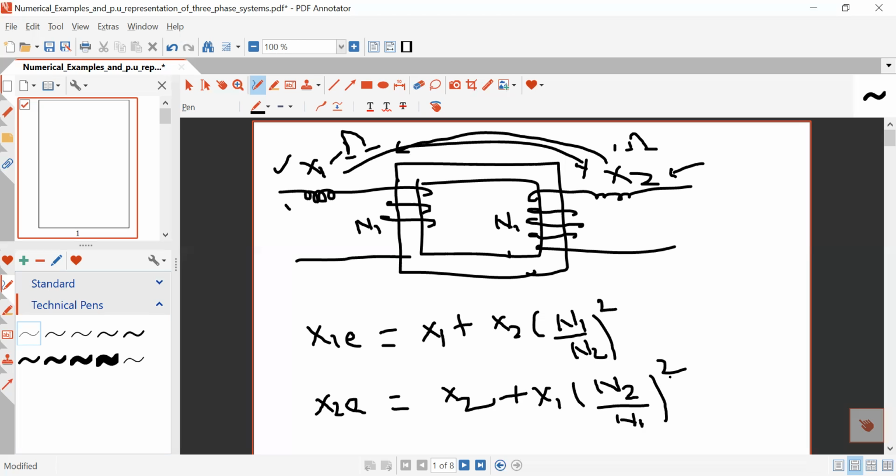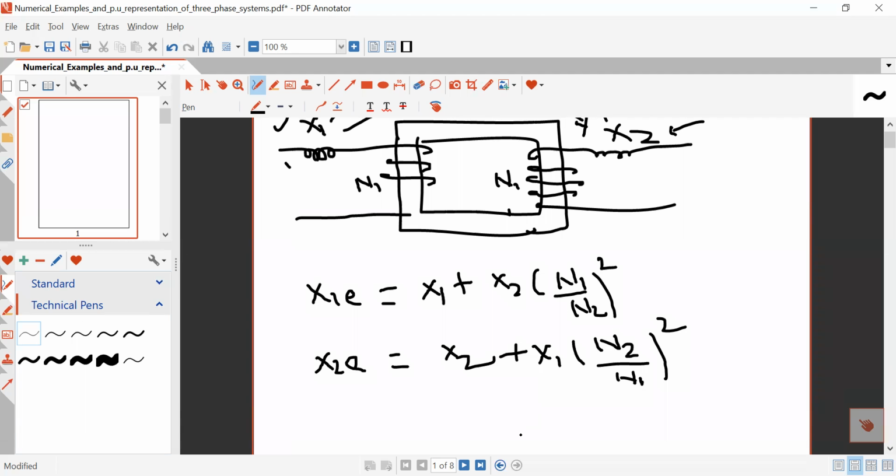When X1 and X2 are in their conventional unit, this is the formula through which you can calculate total reactance of the transformer either referred to the primary side or the secondary side.